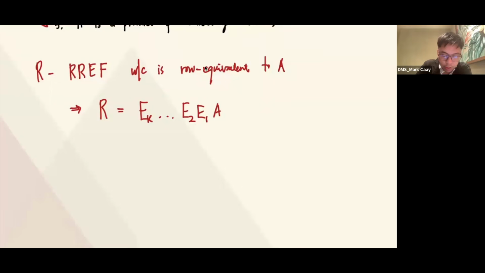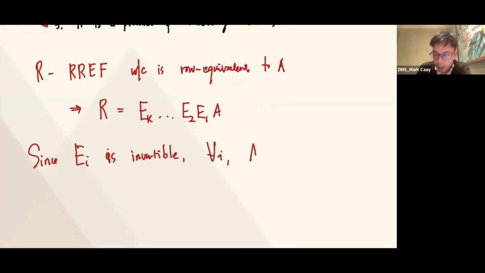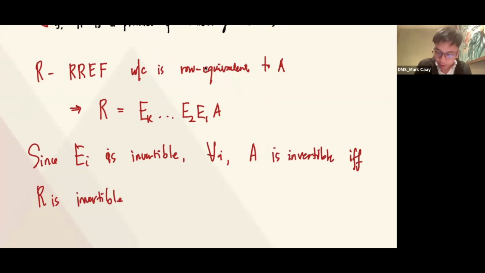Tama? So since Ei is invertible, kasi elementary matrices naman sila for all i, implication is, dahil invertible siya, yung A natin, hinihintay natin magiging invertible if and only if R is also invertible. Tama? Kasi invertible na to eh.